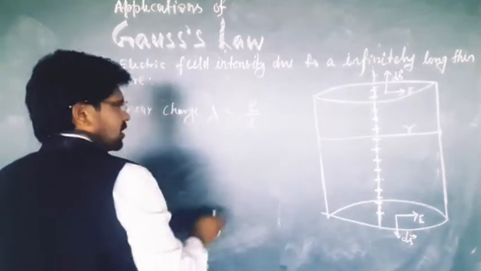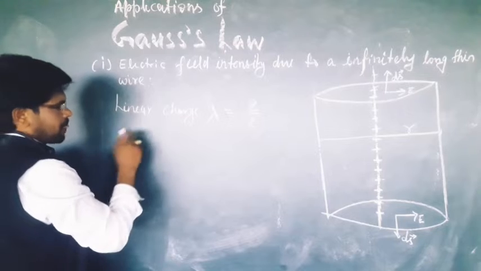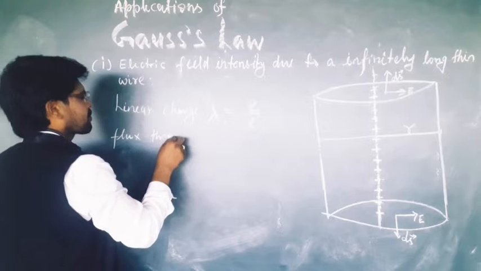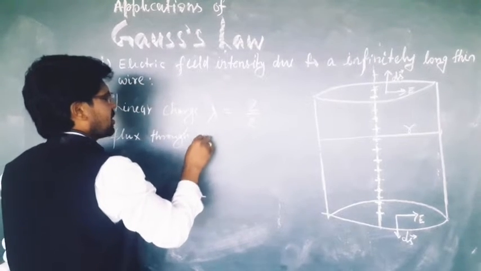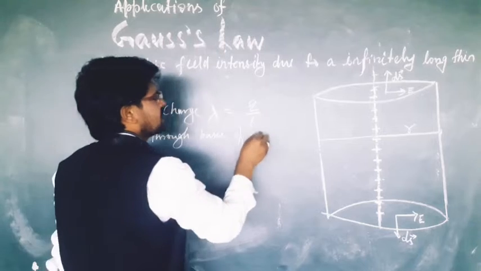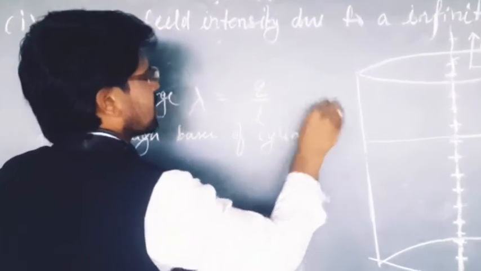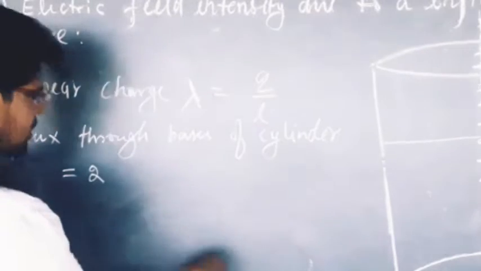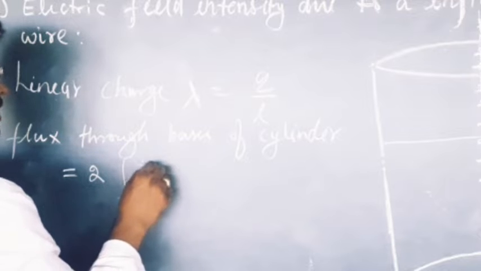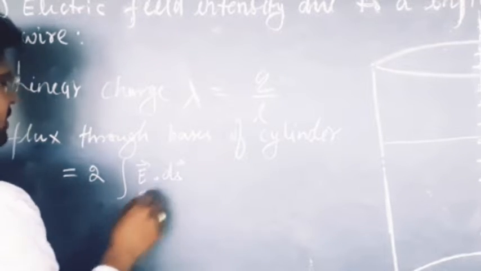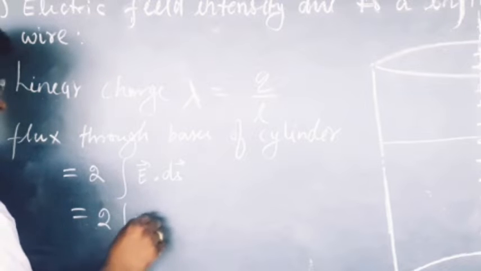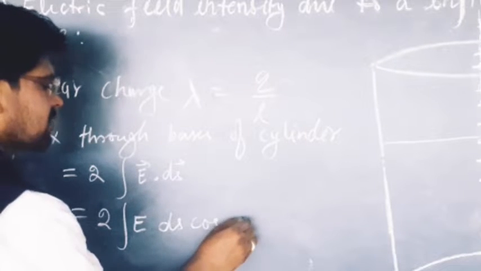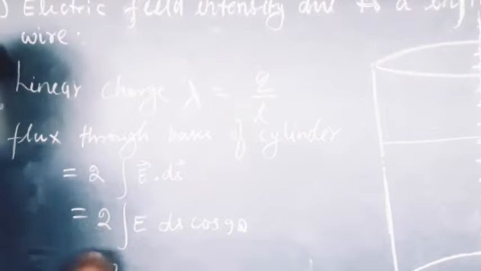Then we calculate the flux through the bases of the cylinder. There are two bases, so it will be equal to 2 times the integration of vector E dot vector ds, that is 2 times E ds cos 90, and you know that the value of cos 90 is 0, so the whole will become 0.